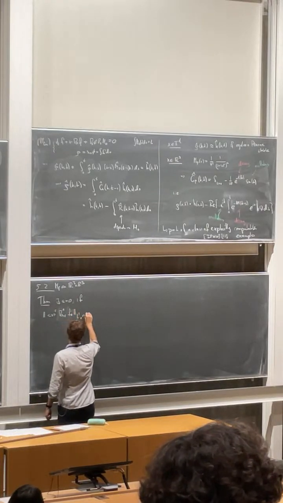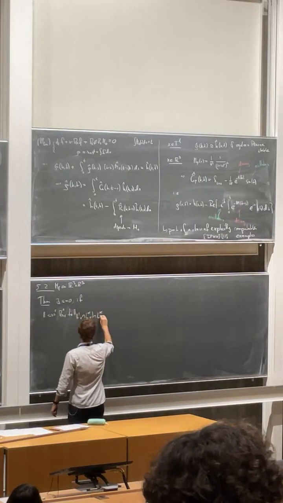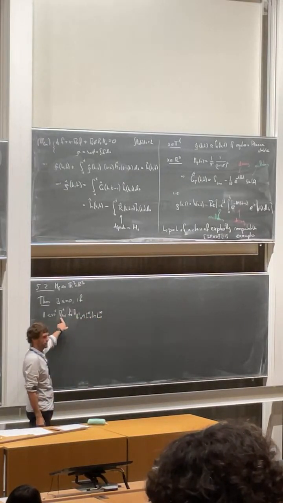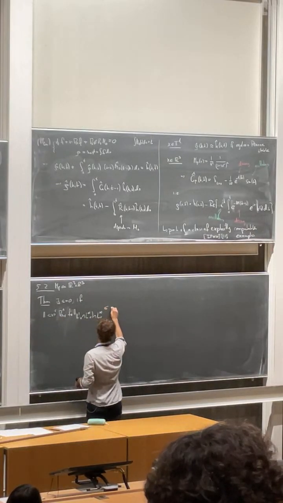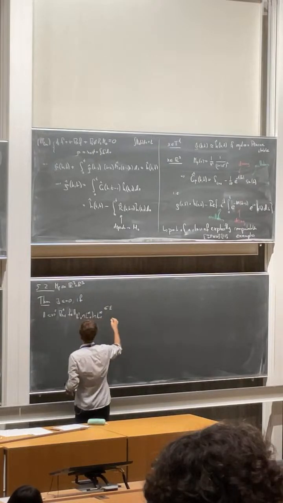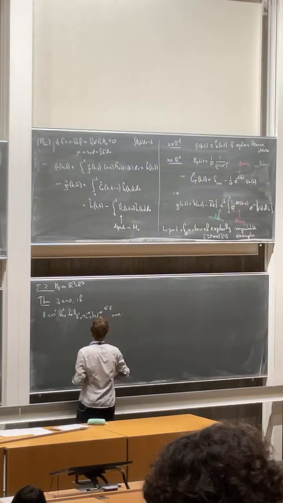Assume you have enough regularity in velocity and space. The norm is less than epsilon. Say your A is somewhere between 0 and 1.